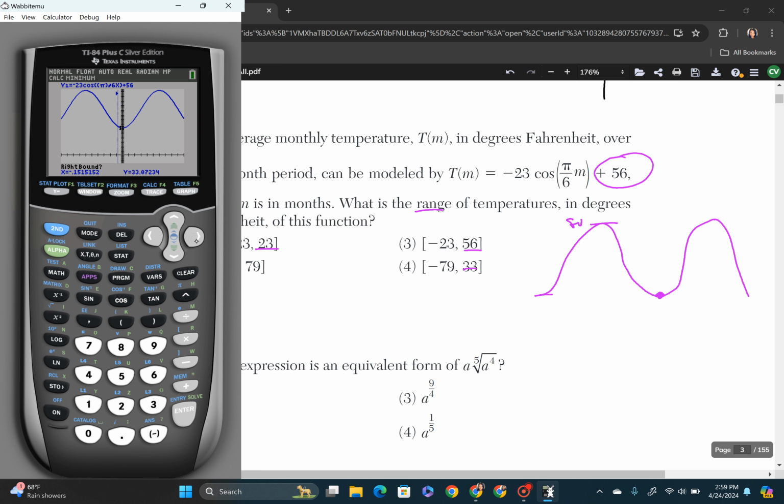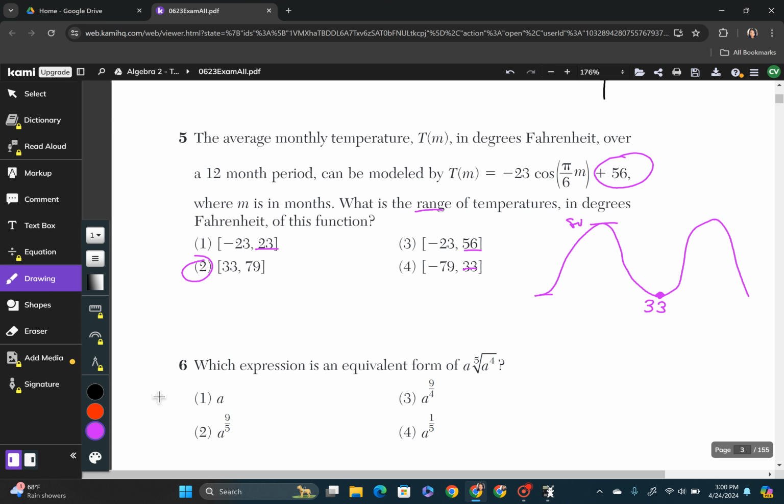Keep hitting enter anywhere to the right side. Then somewhere around here, I hit enter, and then I go to where I think it is, somewhere right around here. Hit enter and it'll give me 33. Okay, cool. So the lowest number is 33 for a fact. None of the other ones say that, so it is going to be choice 2.